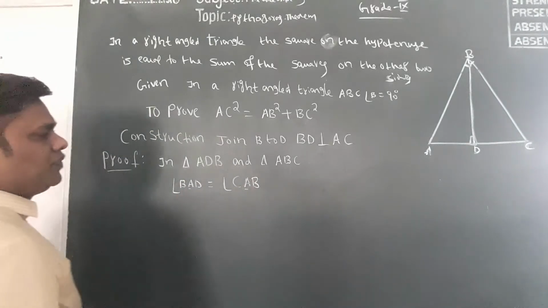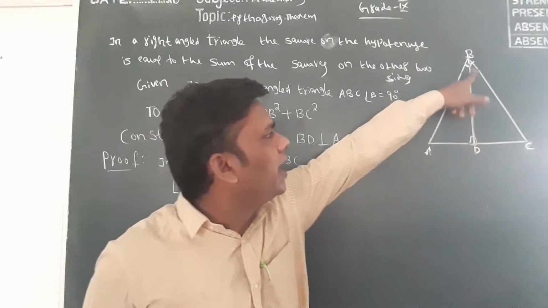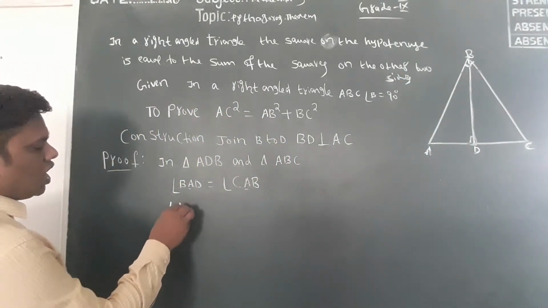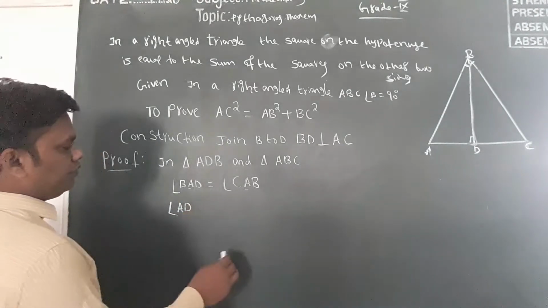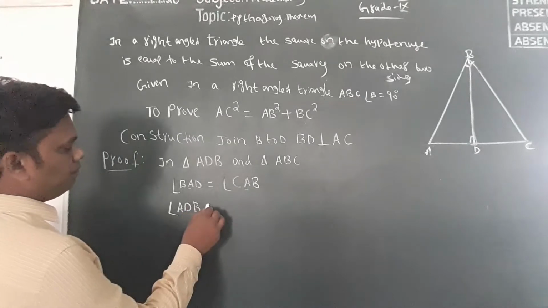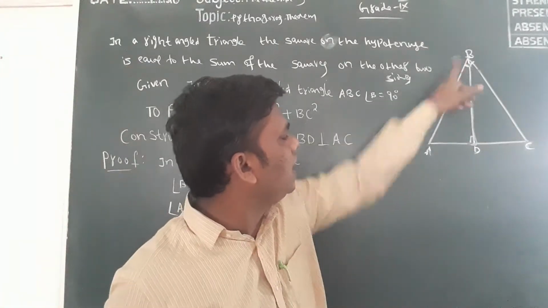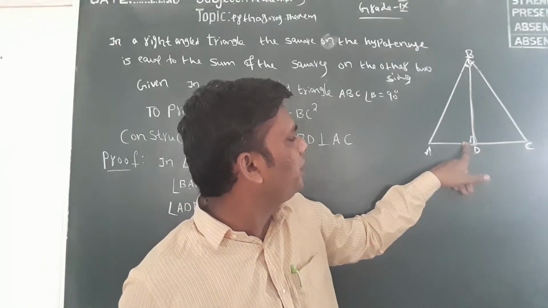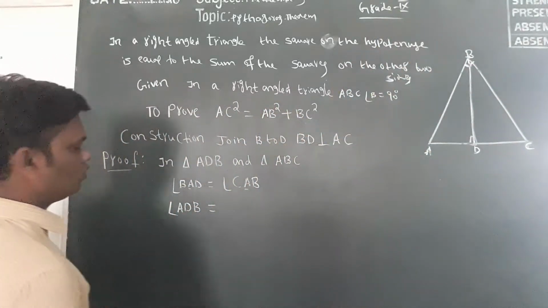Again, at D it is 90 degrees, at B also 90 degrees. So angle ADB at D is 90 degrees. Yes or no? Angle ABC at B is also 90 degrees.